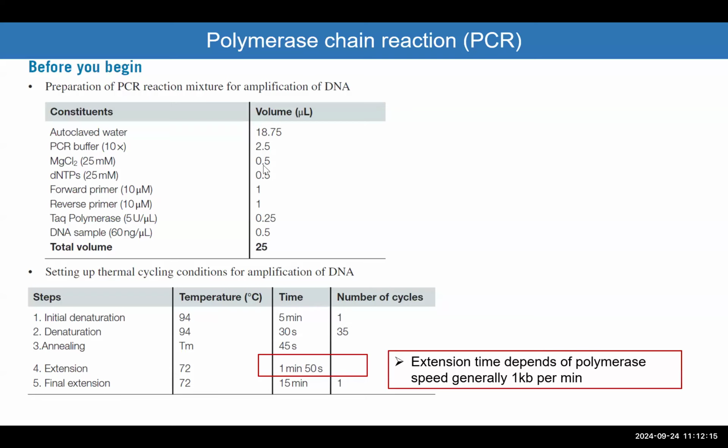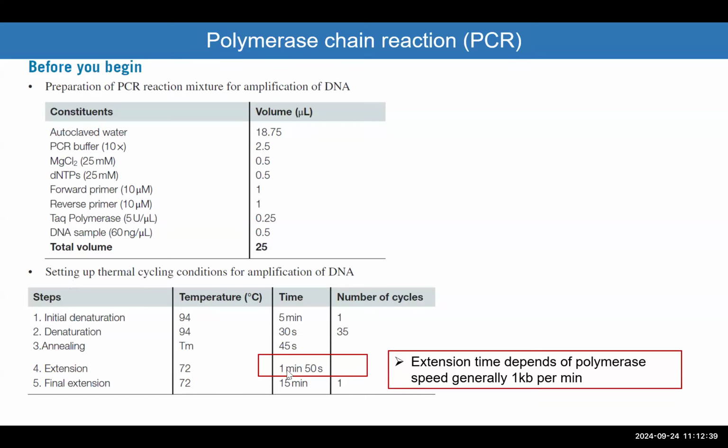We need MgCl2 because the polymerase works with MgCl2 as a cofactor. We need the dNTPs because those are the units that will be added to generate the DNA fragments. And then we need a forward primer, a reverse primer, and the Taq polymerase. And these are the steps.